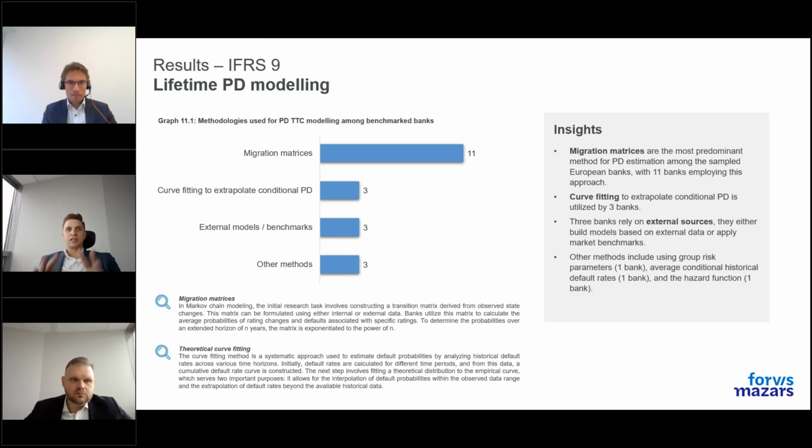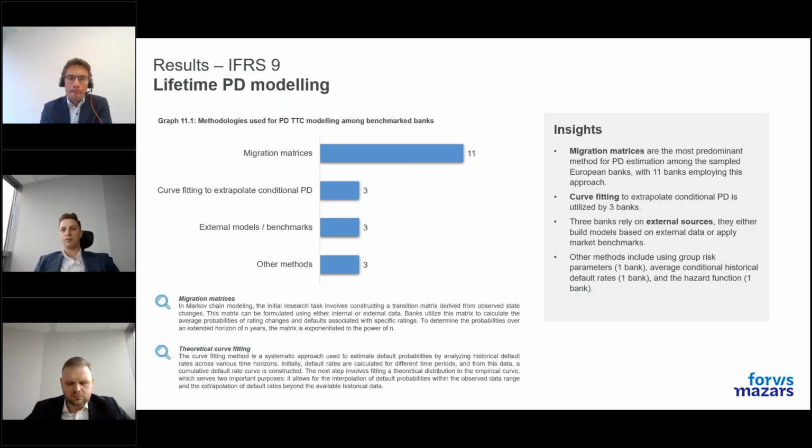There is a lot of text on this slide, but I want to draw your attention to the graph on the left-hand side. On this graph, you can see how many banks in our benchmarking sample used given approaches. The most predominant approach is migration matrices. Over 50% of banks have used this approach.